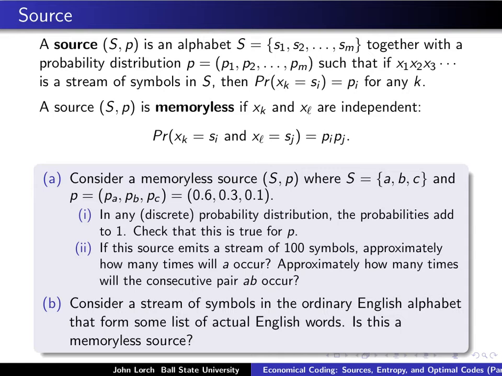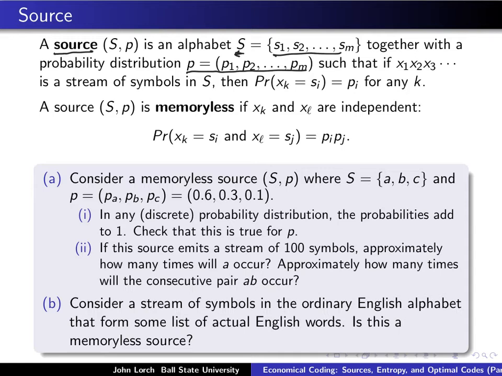To talk more about optimal codes, we need some terminology. The first piece of terminology is the notion of a source. A source is an alphabet, S, consisting of some letters, together with a probability distribution. And these two are joined in the following sense.